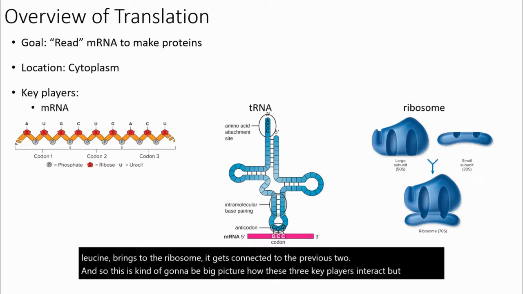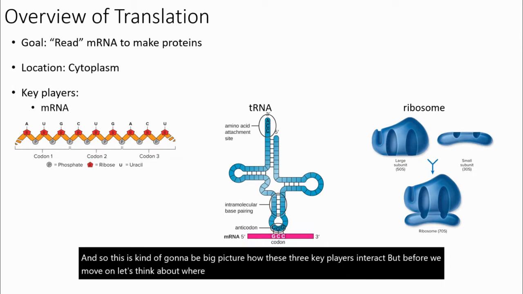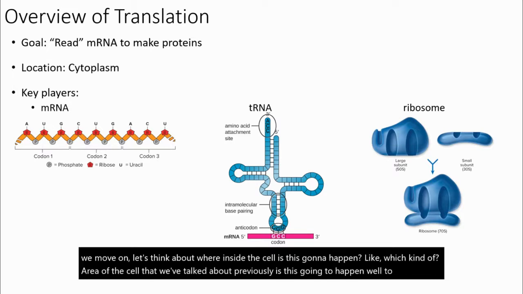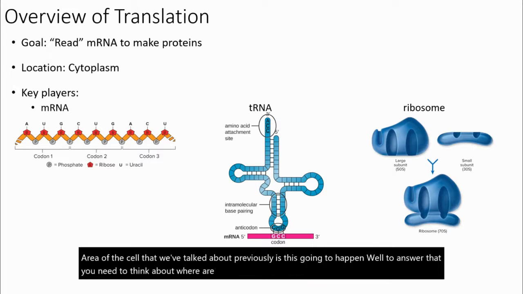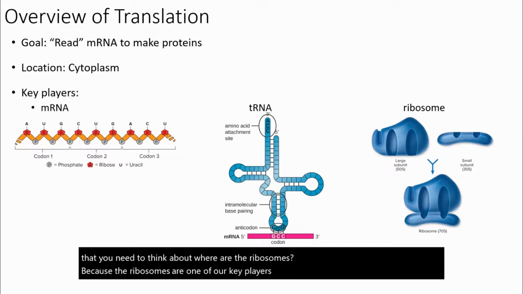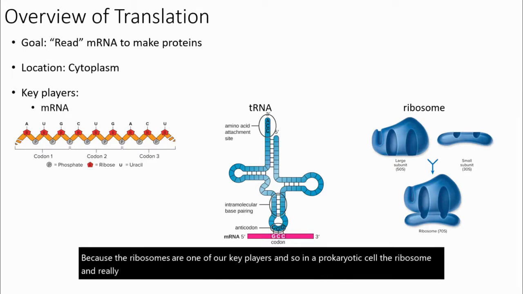But before we move on, let's think about where inside the cell this is going to happen. Which area of the cell that we've talked about previously is this going to happen in? Well, to answer that, you need to think about where the ribosomes are, because the ribosomes are one of our key players. And so in a prokaryotic cell, the ribosome, and really everything else on the screen, is found in the cytoplasm, because remember, there's no internal organization in the prokaryote.